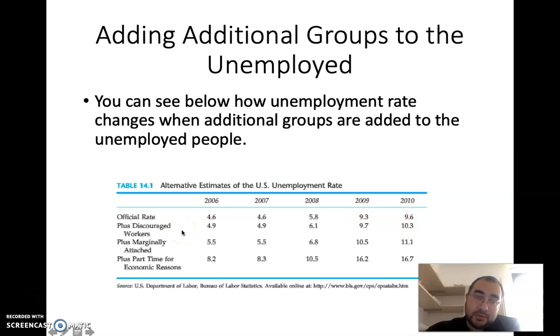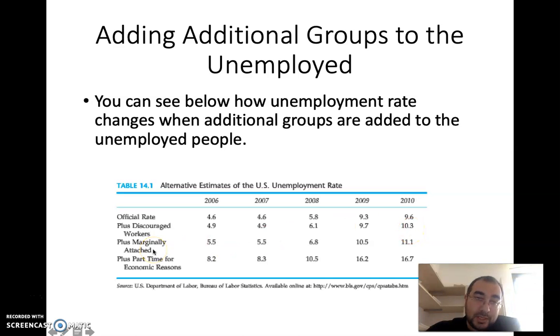When you add discouraged workers, at least officially, it asks the people, and whether this is a good method or not can be discussed. But if you use this as a method, it was 0.3, 0.3, 0.3. It has increased to 0.4 and I believe 0.7.